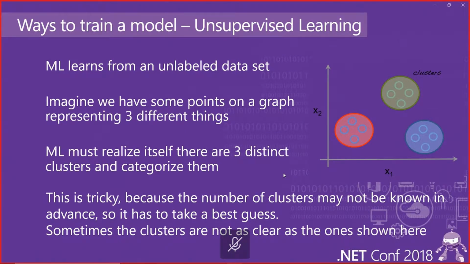Imagine we have some points on a graph representing 3 different things, and the machine learning system must recognize by itself that there are 3 different clusters, and it has to categorize them itself. This is tricky because the number of clusters may not be known in advance, so it has to make a best guess. Sometimes the clusters are also not as clear as the one we have in the picture below, so the best guess can also be not that good.